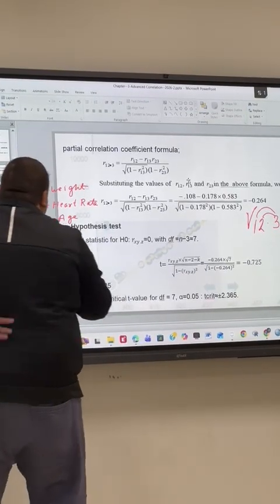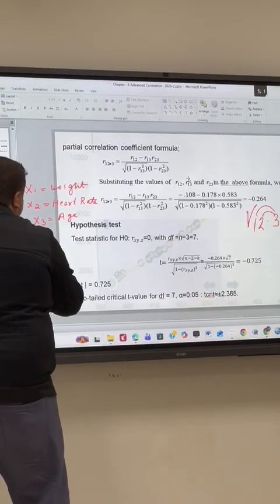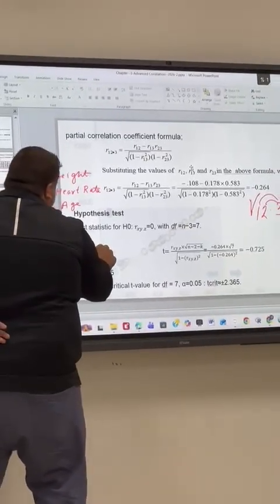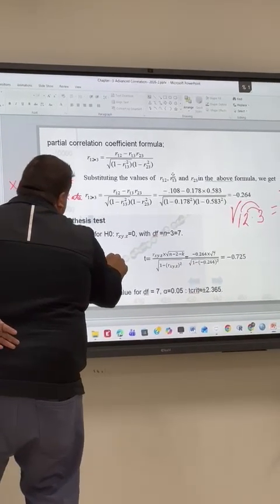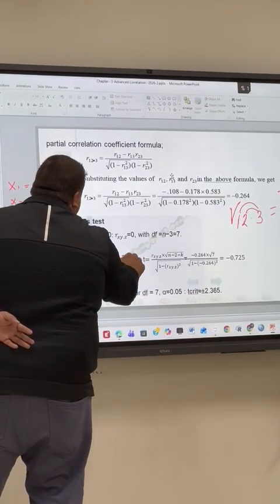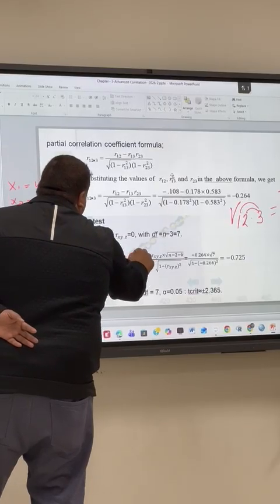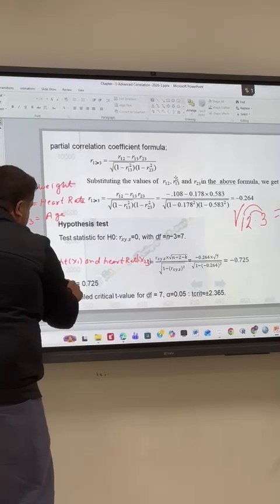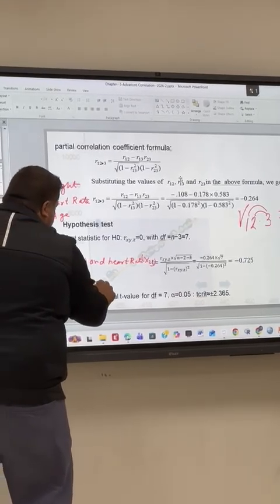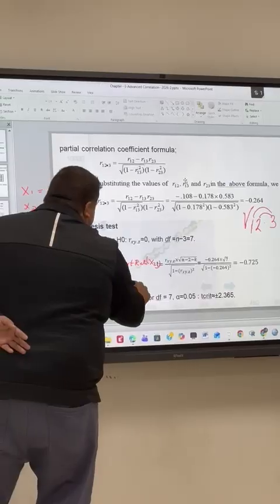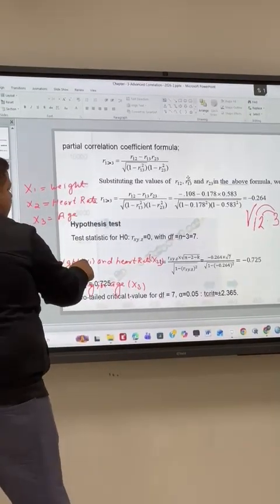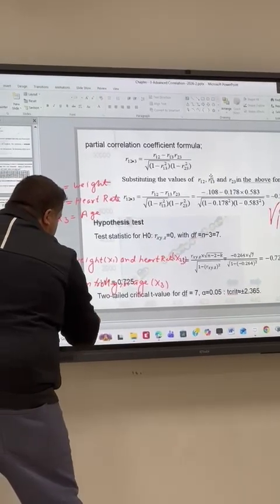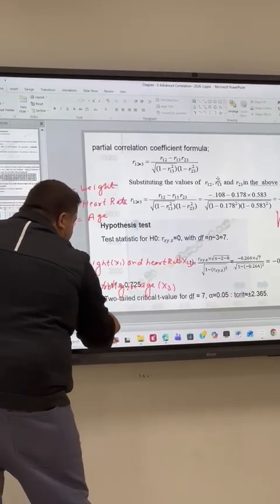He said find the correlation between weight and heart rate while controlling age X3. So the relationship between X1 and X2, R X1 X2 controlling age X3.